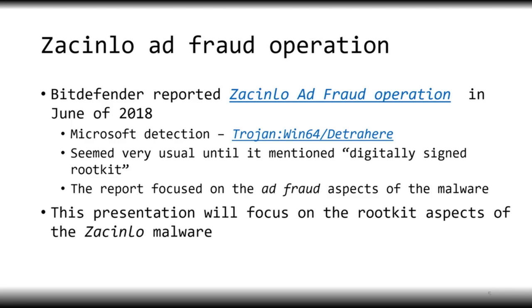Ad fraud means it runs a browser in the background and clicks on adware or ad links, and that way they make small money from that machine. It is a very awkward situation when they use this high-end technique for an ad fraud operation. Anyway, Microsoft's detection name is Detrahere, so I'm going to use Detrahere as the name here.